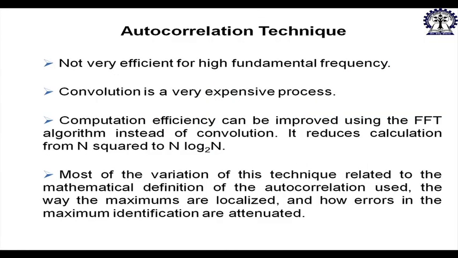Next, that is not very efficient for high fundamental frequency; convolution is a very expensive process. Those are some pros and cons of the autocorrelation technique. Computation efficiency can be improved if I use the FFT algorithm to implement the calculation of the correlation function. Okay.